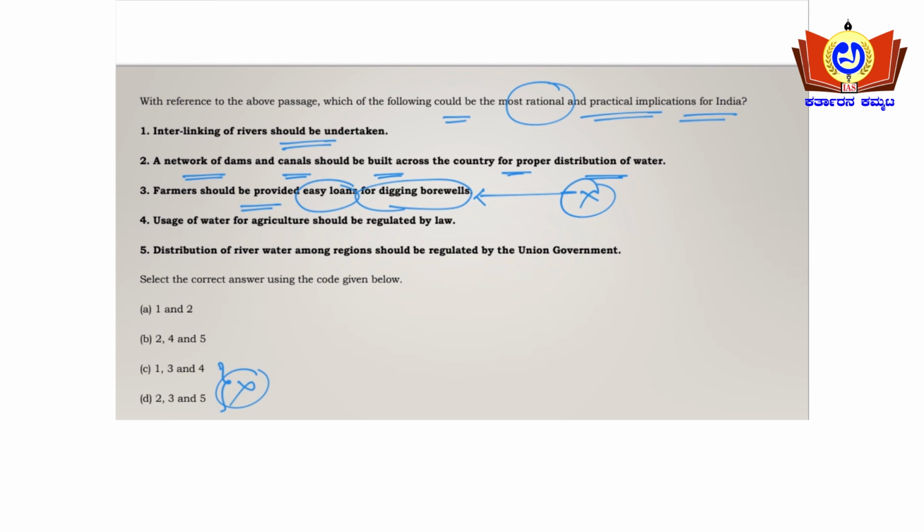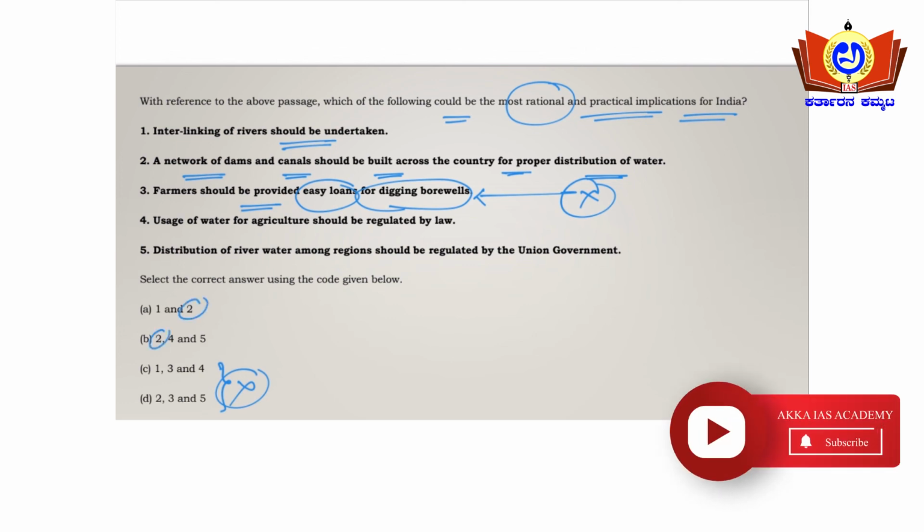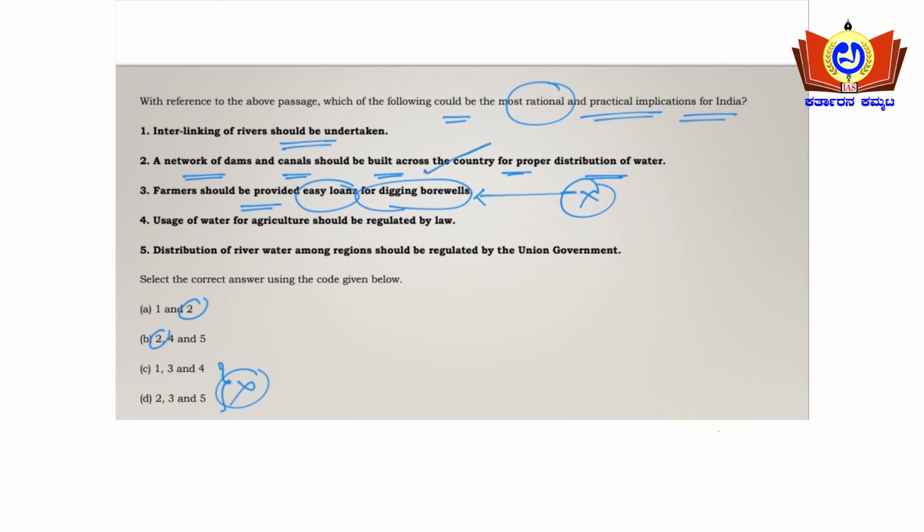When you look into option 1 and 2, the second statement is common, right? So the second statement will be obviously right here. We need to check the fourth statement. Usage of water for agriculture should be regulated by law. This statement also doesn't hold so good, right? The passage talks about we need to efficiently manage the water resources.